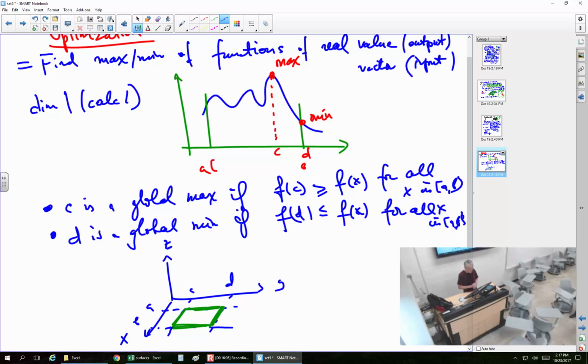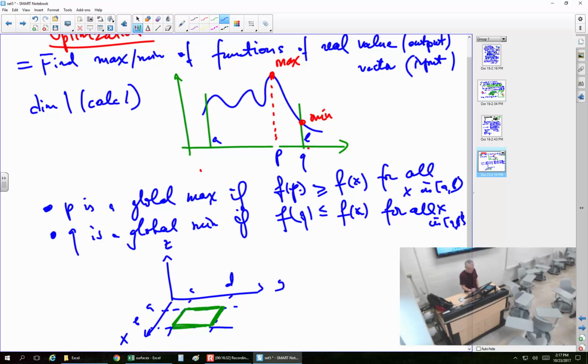Hold on a second, let me think of different letters. You don't want to repeat the letters. P and Q. So this is the maximum at P and the minimum at Q, but the interval is AB.